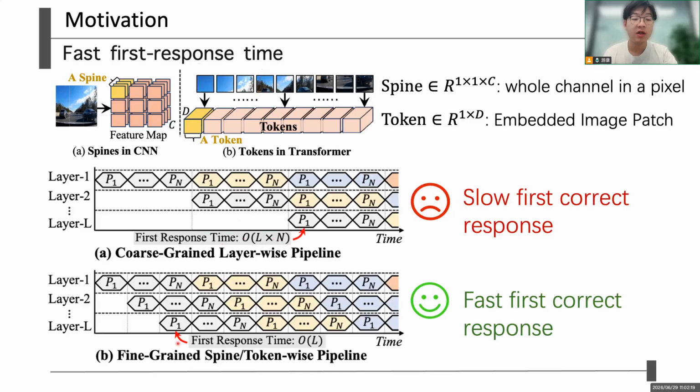In contrast, a fine-grained spike or token-wise pipeline allows each spike or token to propagate across layers independently, reducing the first response time to O(L), leading to N times first output speedup.